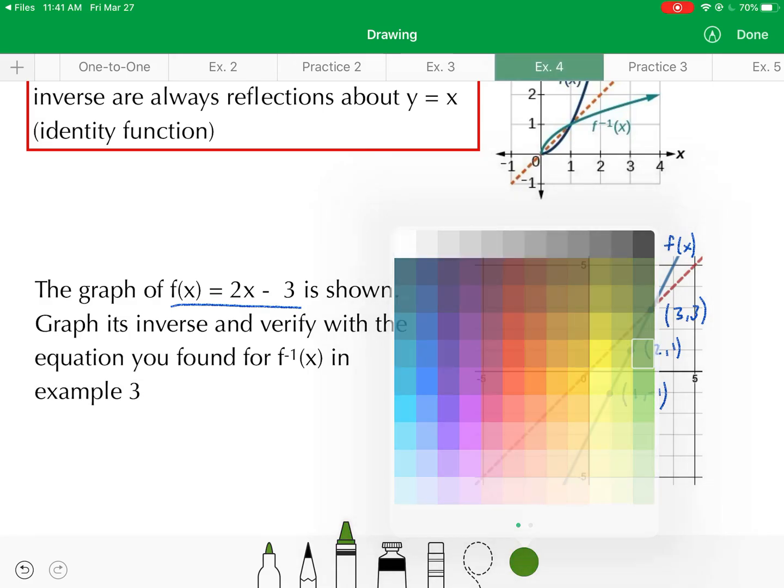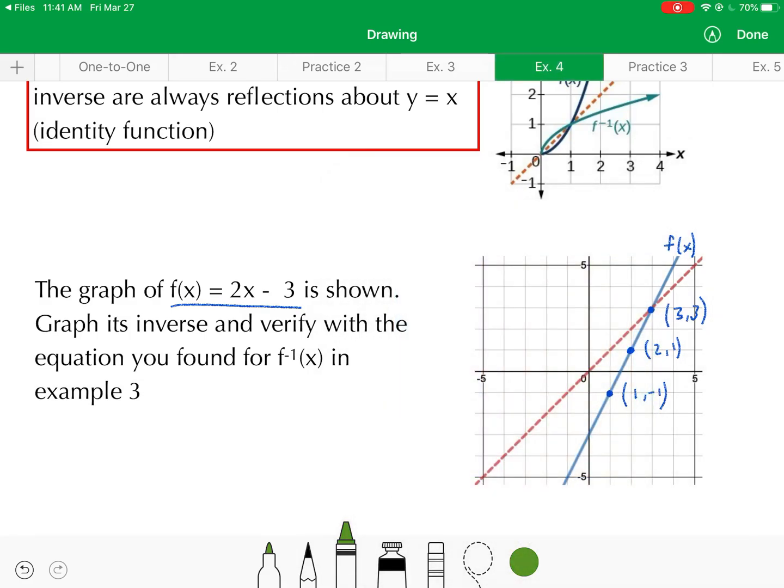All right, now we know that the inverse function is going to include points that are just switching the x and the y coordinates from the 3 that I found here, right? So if I do that with (3, 3), that's going to stay put. (2, 1) would now become (1, 2). And then (1, negative 1) is now (negative 1, positive 1).